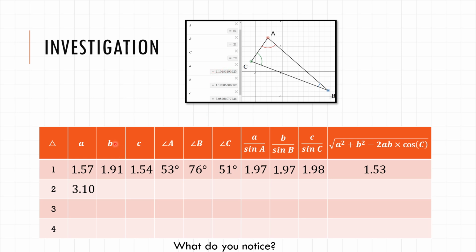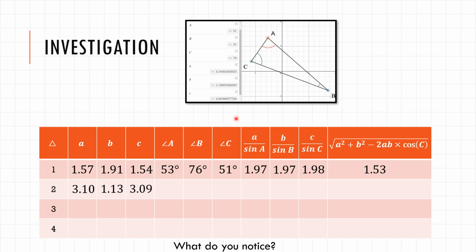The value of b, the length of side B, which remember, the side B is opposite angle B. So this is the side right here. That has a length of about 1.13. And finally, side C, which is this one right here, has a length of about 3.09.